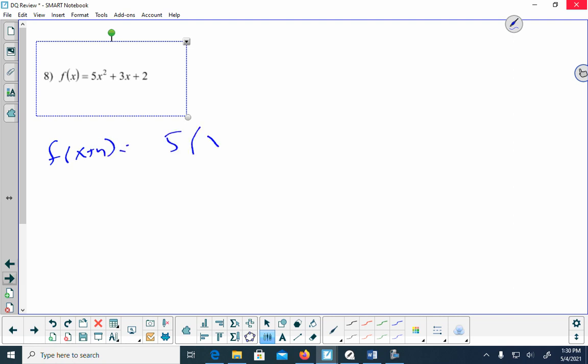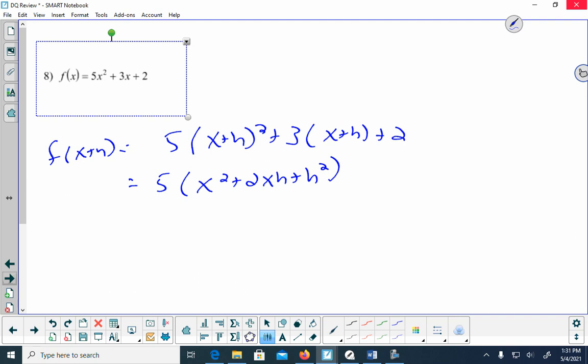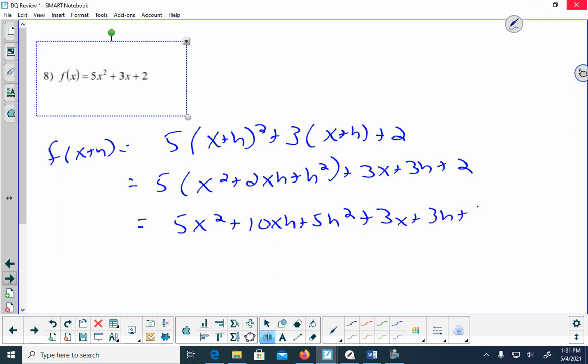So 5 times the quantity of x plus h squared plus 3 times the quantity of x plus h plus 2. Distributing the 3. Now distributing the 5. F of x is 5x squared.